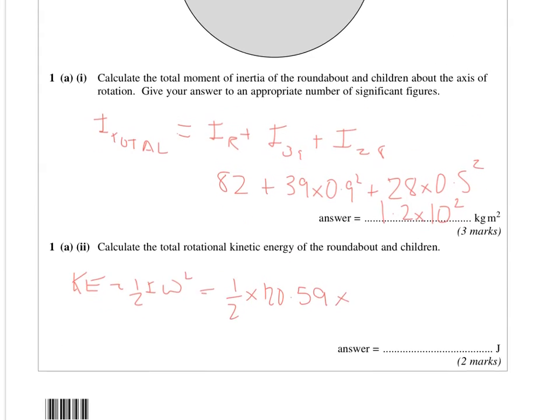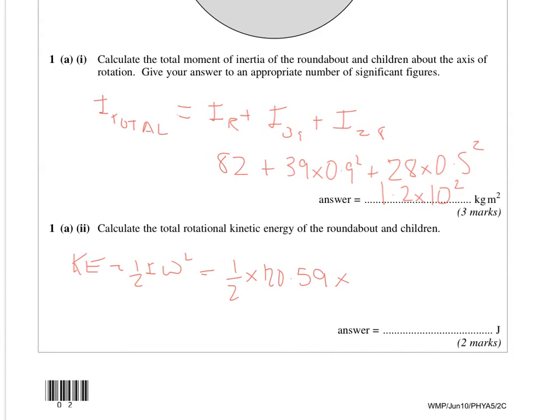So it's going to be 35, which gives you the number of revolutions, times 2 pi to give you the number of radians, and then divide by 60 to give you radians per second, and we'll square that.